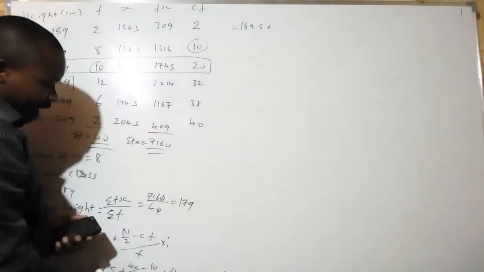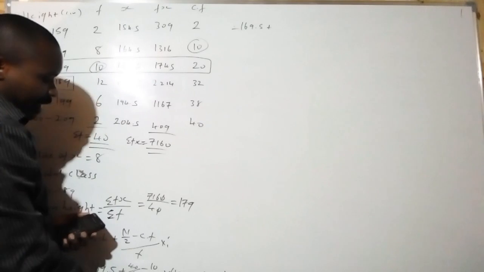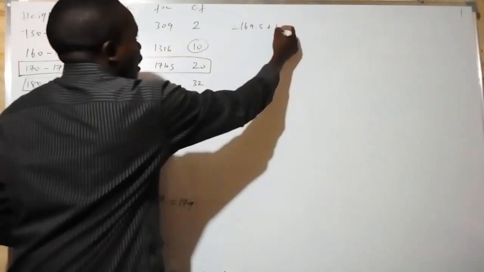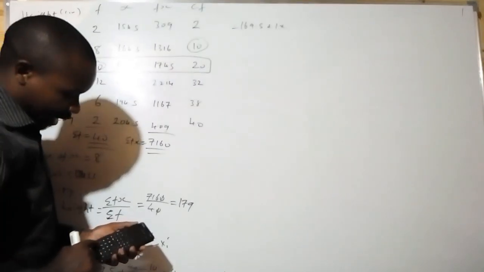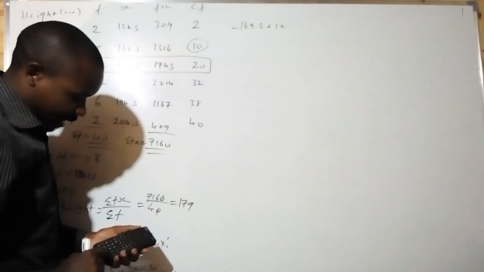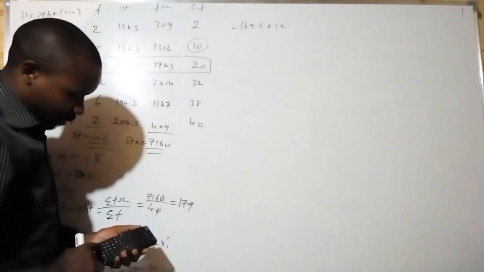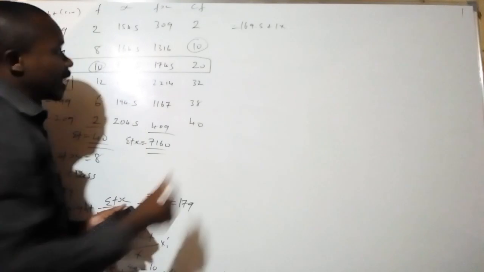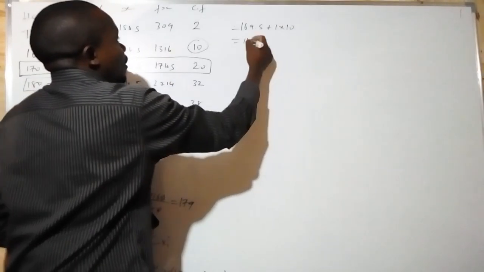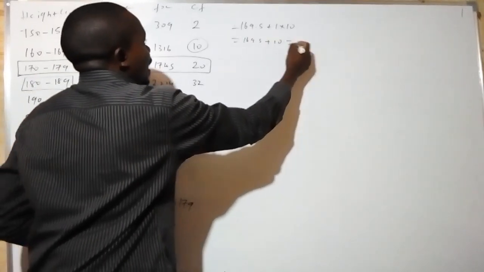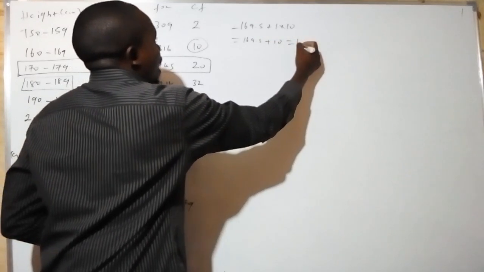Here we are going to have 1 times 179.5 minus 169.5, we get 10. And 1 times 10 is 10. We are going to have 169.5 plus 10, and this is 179.5. This is our median.